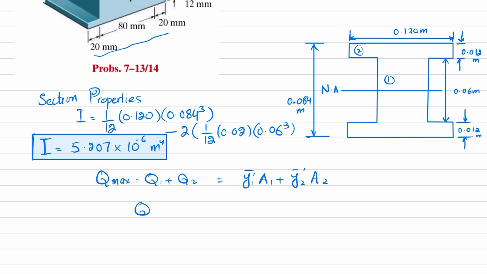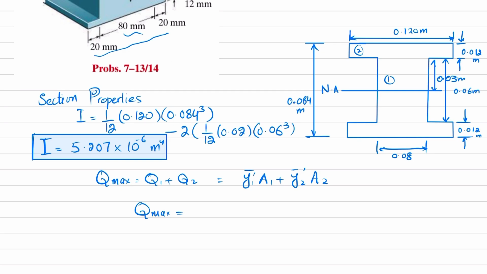So Q max is equal to Y1 dash... If we take this half section, you can see that this height is 0.03, which is 0.06 divided by 2. This height is 0.03 meter, and its width is 80 millimeter, which in meter is 0.08.